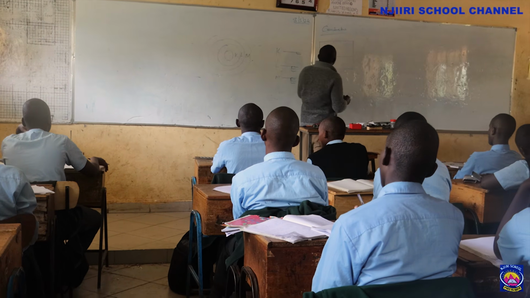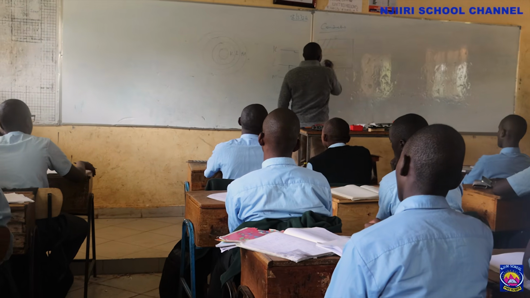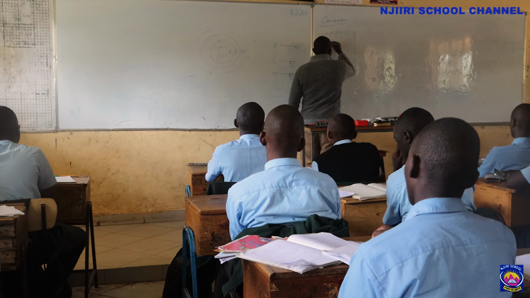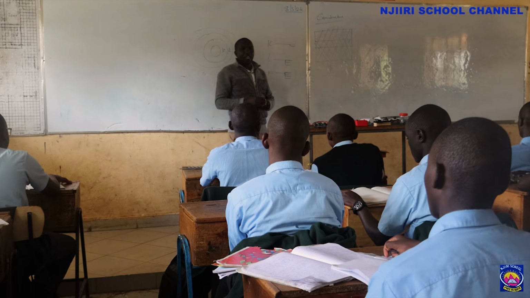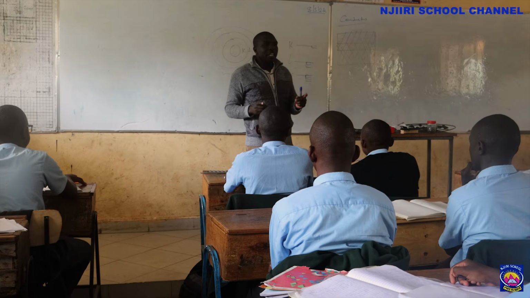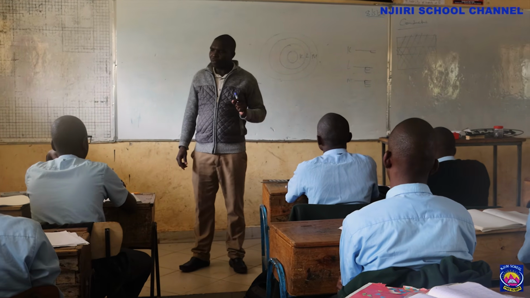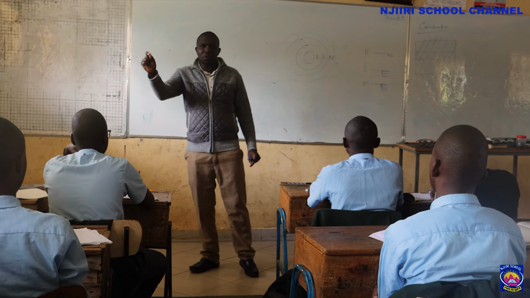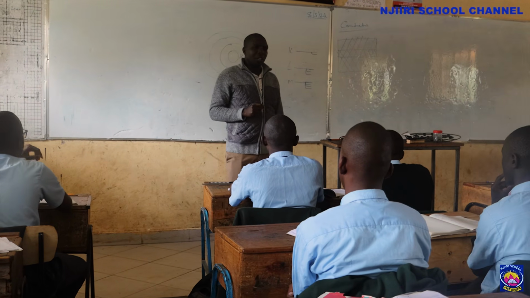But for the conductor, you are going to realize that the conduction band and the valence band are overlapping. That means there is no energy gap between the valence band and the conduction band. The valence band will contain the valence electrons, and the conduction band will contain the conduction electrons.